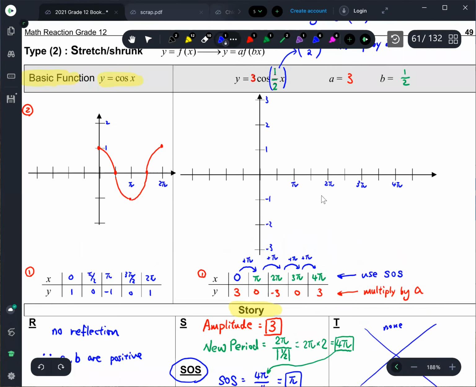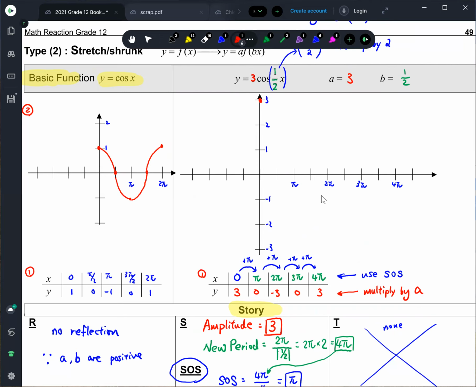Okay, our first point is at 0, 3. So up here, right? You see it's taller, right? Compare with the left side. Please raise your hand if you finish the graph.